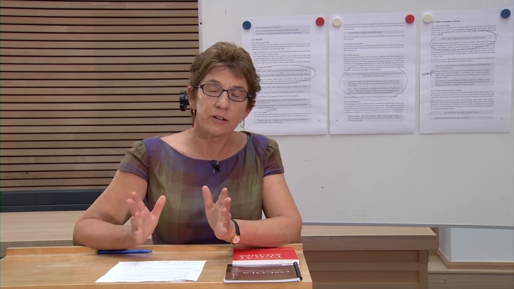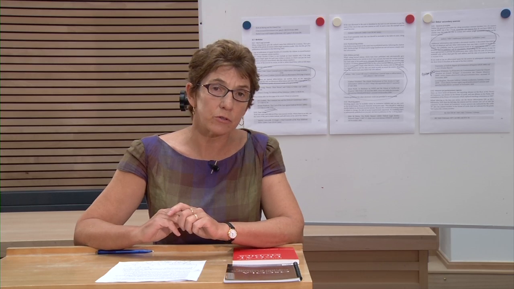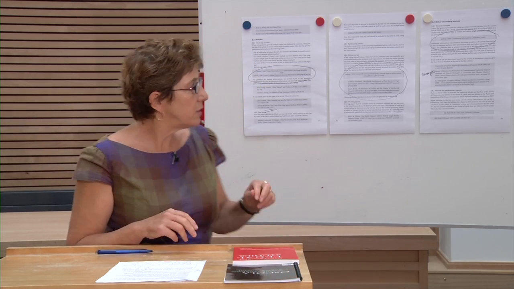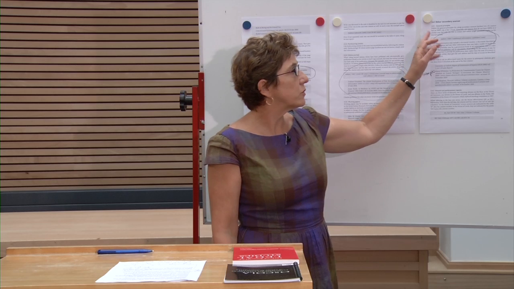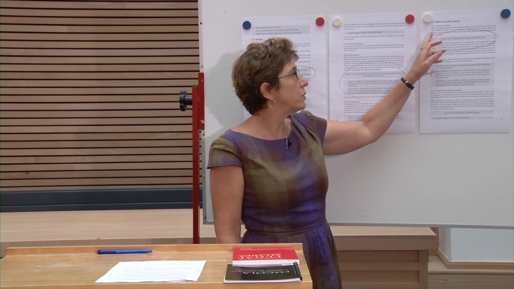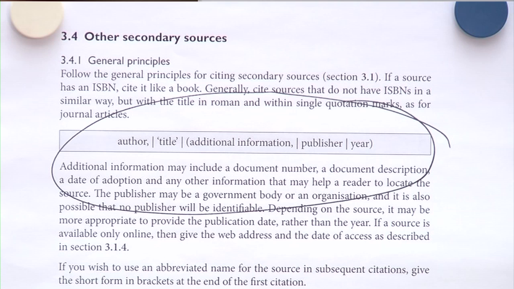But there clearly isn't and can't be examples for every kind of document that you might come across or want to cite. So the thing that I suggest you might find really most useful is this section 3.4.1 for general principles for other secondary sources. And it provides a guideline for citing things for which you can't find examples in AUSCOLA.